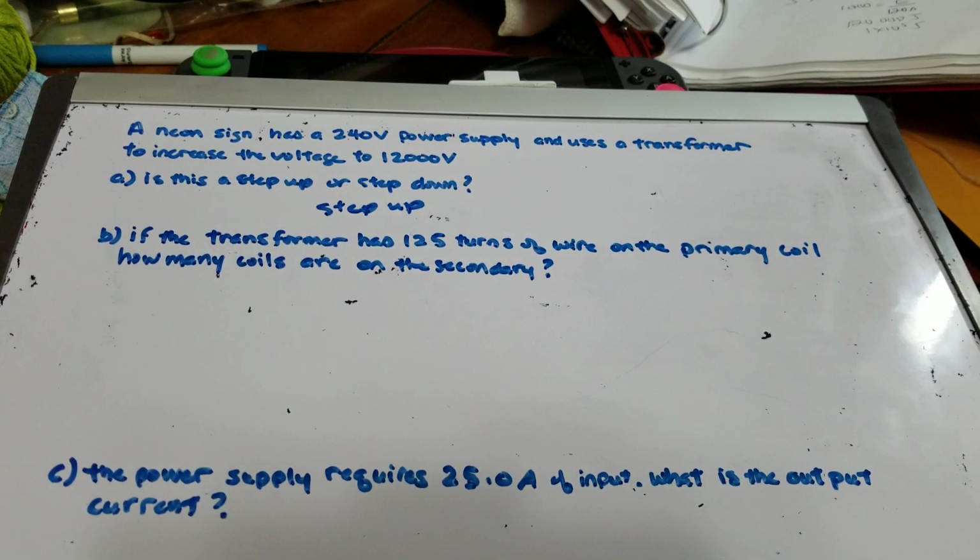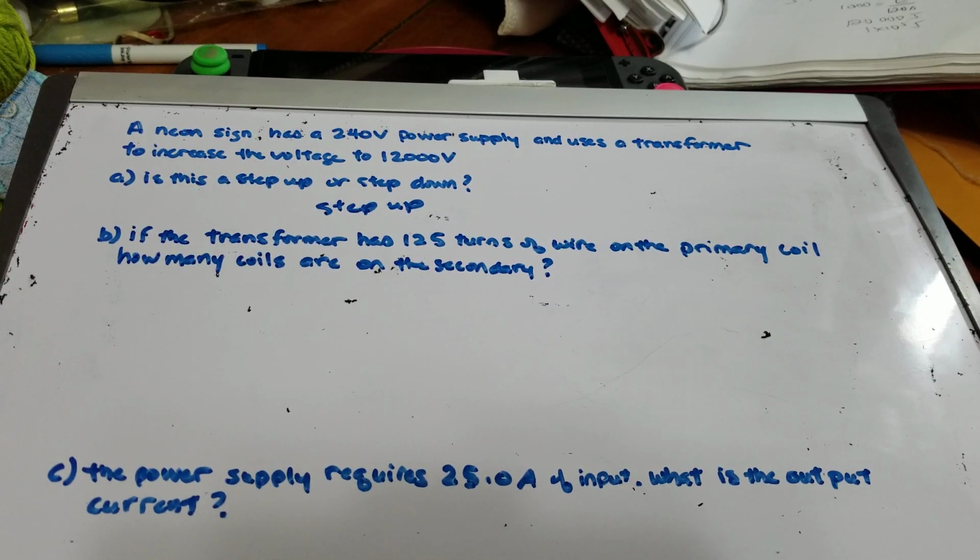Okay, you look at the second question, or part B, and it says if the transformer has 125 turns of wire on the primary coil, how many coils are on the secondary? Even before you start this question, you'll say, okay, I remember looking at the notes, there has to be way more turns of wire on the secondary coil because this is a step up. So I'm going to start with the formula.